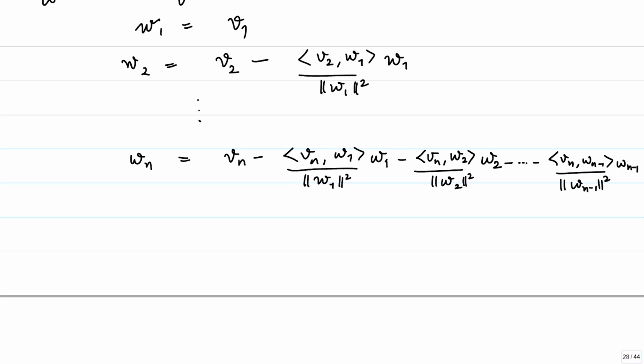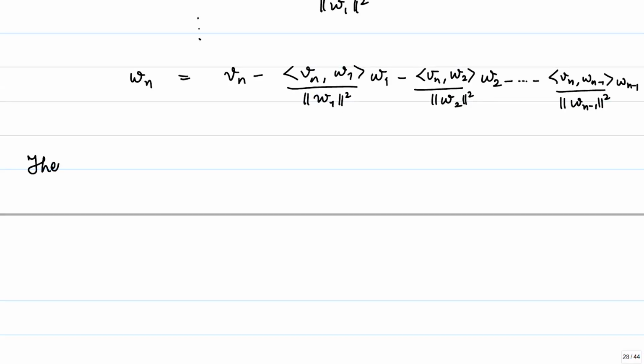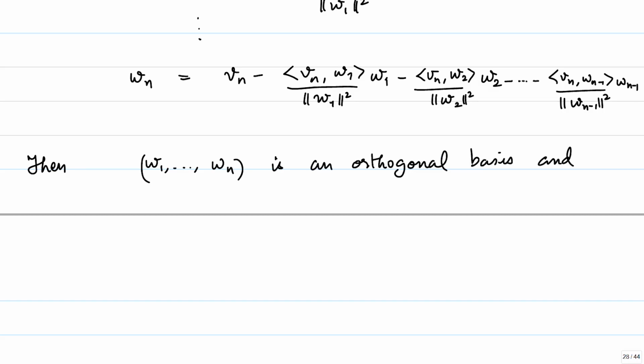So the Gram-Schmidt orthogonalization, we have done most of the hard work already. Then the span of W1 to Wn are orthogonal, or it is an orthogonal basis, and not just that, at every stage the span of V1 to Vk is equal to the span of W1 to Wk.